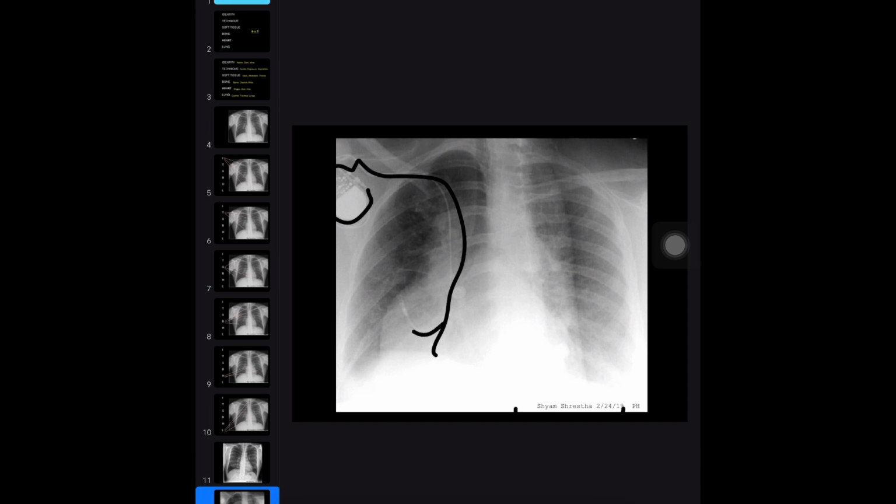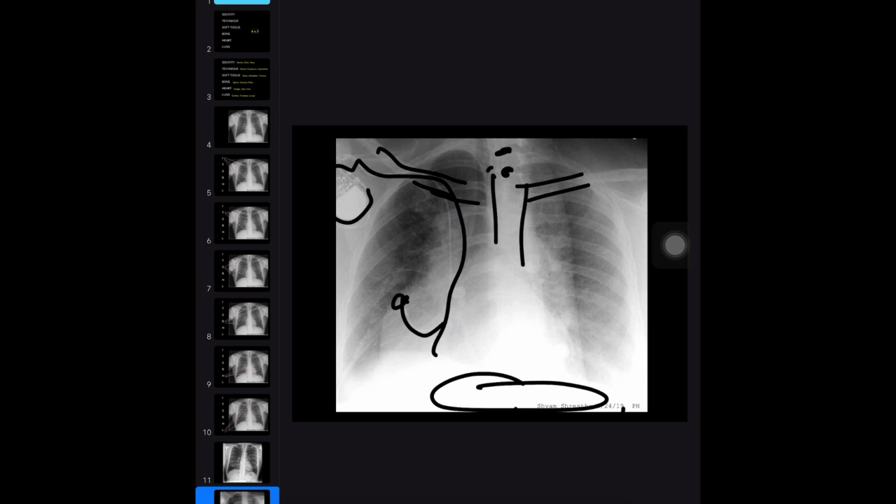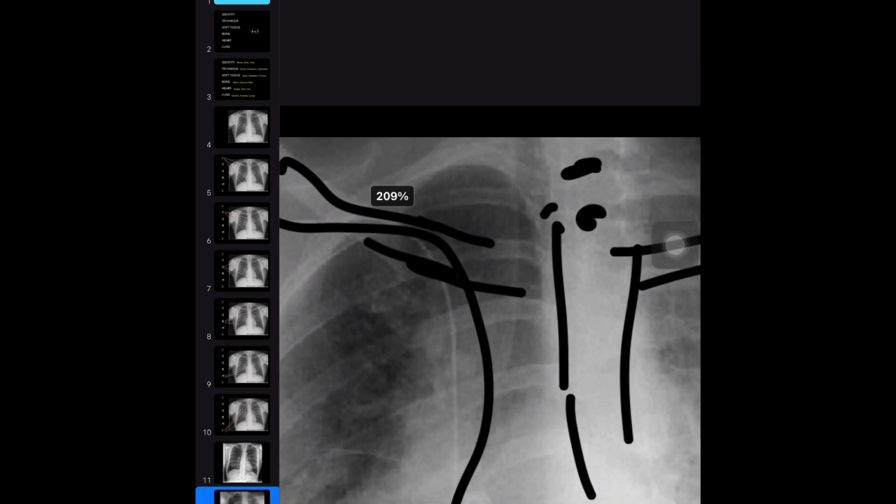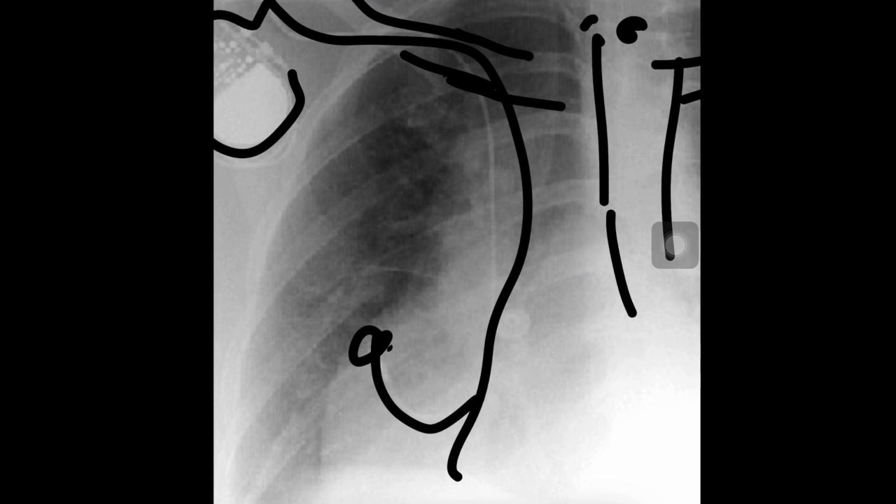Here is the wire, so soft tissue, and here is the whitish part. And the bone, for the bone, the clavicle is seen a little bit, and then for the spine, a whitish part is seen, and for the rib, not clearly seen.